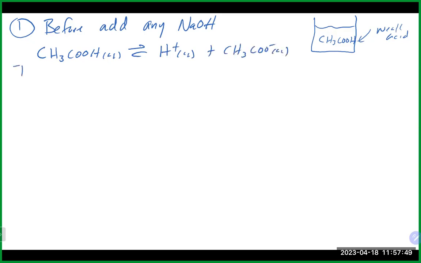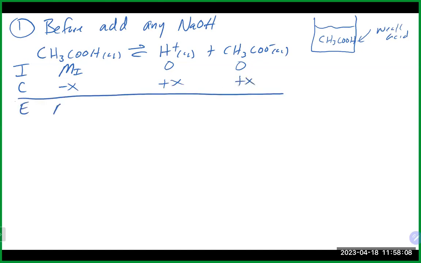This would be an ICE table where we could use molarity because we have not added any sodium hydroxide yet. So we don't have to worry about using moles in this table. And because we're using molarity here, we will use our X's in this table. So we'll do our normal sort of X move here.